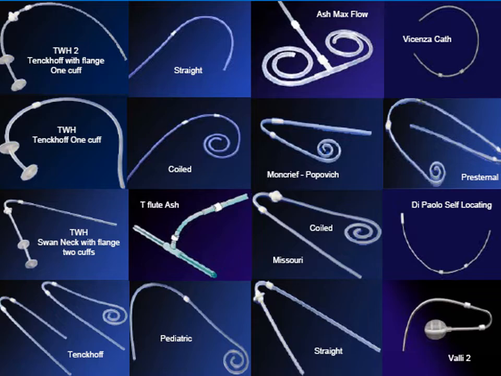We will ask ourselves why this number of catheters have been tried instead of the standard Tenckhoff catheter. Actually, the issue is they are trying to improve the catheter that was already made in 1968, the Tenckhoff, so that they can get the ideal catheter.